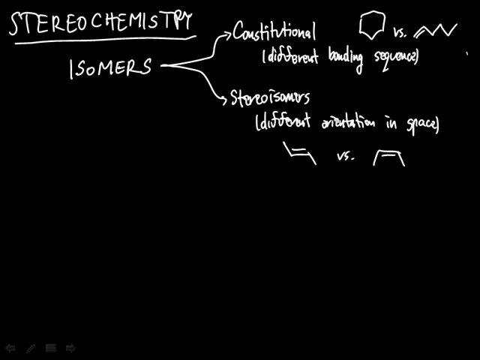So you might think, well, these 2 are different compounds, that's all very nice, but how big is this difference anyway? A good place to illustrate this would be a comparison between structures of these 2 carboxylic acids. One of them is trans, and this is the so-called fumaric acid.